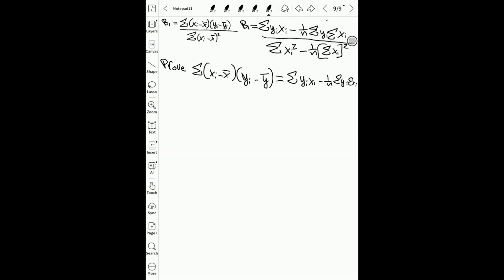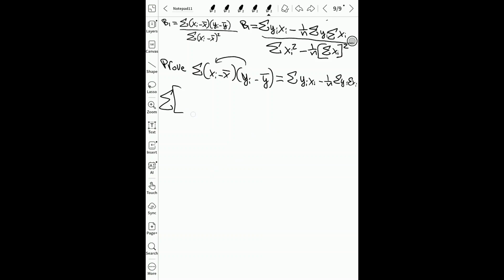So if I start with the left-hand side of this and I expand everything out, then I get the sum of, and we'll do a big bracket, we've got everything going on here, right? I'm going to distribute this yi, right? This is just FOIL.